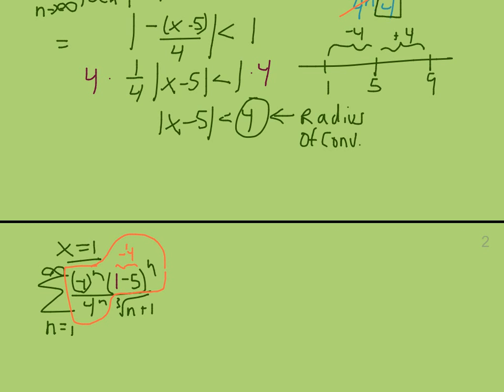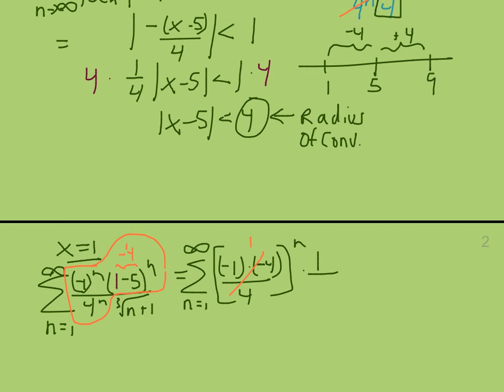If we put it to the n, every one of those things, we have negative 1 times a negative 4 all over a 4, whole thing to the n, that just simplifies to 1 to the n, which is just going to end up simplifying to be 1. And so the only thing left then is the cube root of n plus 1.